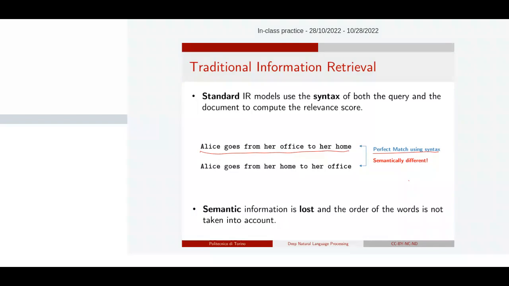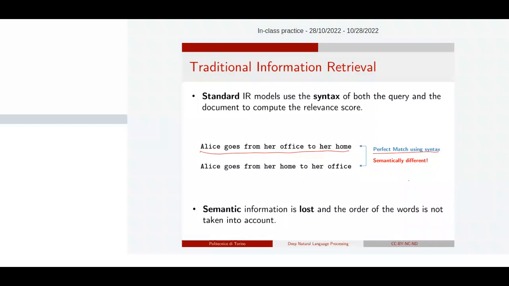In the second case, Alice goes from home to the office. So it's a semantically different meaning. Even so, if you consider our model, which considers documents as a set of words, we have a perfect match, because the documents contain the same exact set of words.